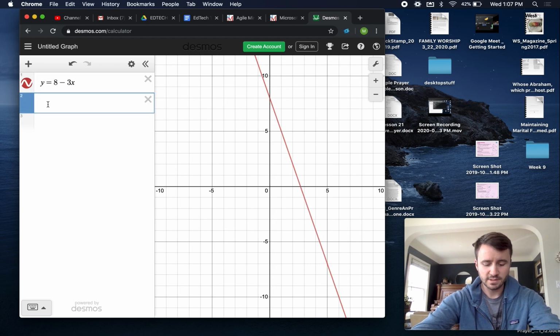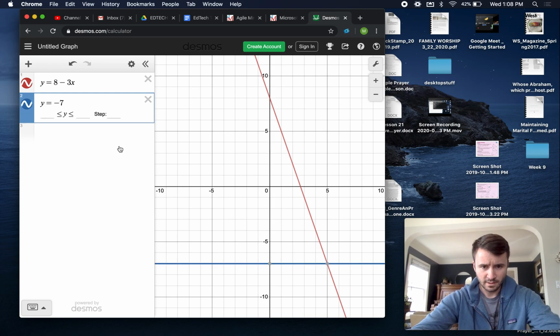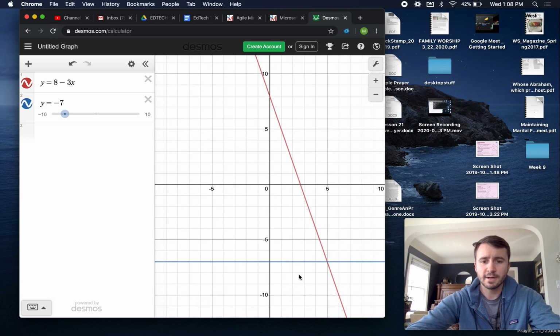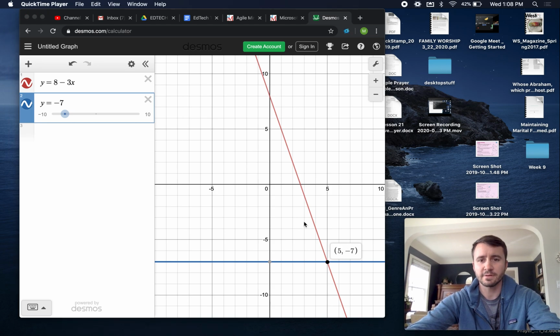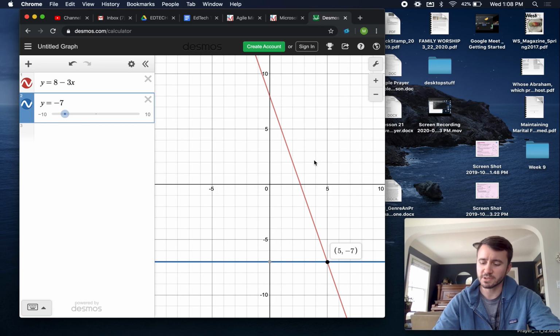Then we took the right-hand side of the equation, which is y equals negative 7, and we looked at where they intersect, and we looked for the x value where they intersect, which is positive 5. So the answer in this case would be x equals positive 5, which is what we found on the computer, on the tablet, just a moment ago.